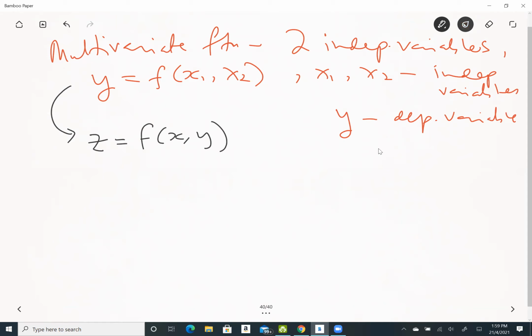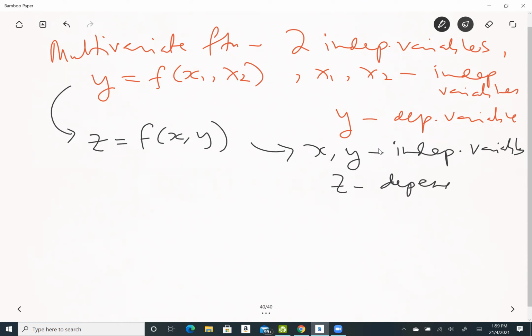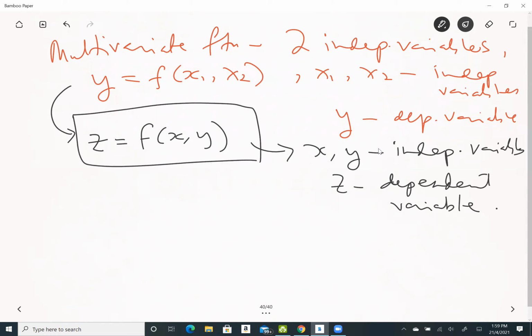So x and y are the independent variables and z is the dependent variable. We follow the book.